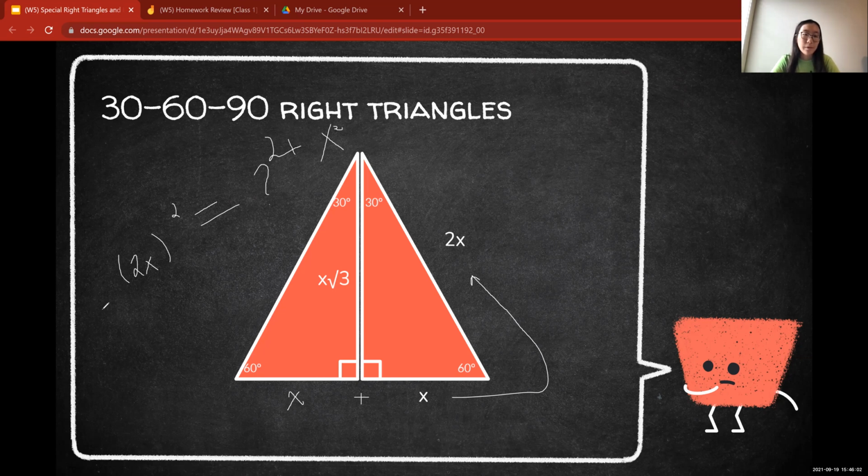And then we simplify that to 4x squared equals question mark squared plus x squared. Then that further simplifies to 3x squared equals question mark squared. And we take the square root of both sides. And then that gives us x radical 3 equals question mark. So that's the length of the long leg of the 30-60-90 right triangle.